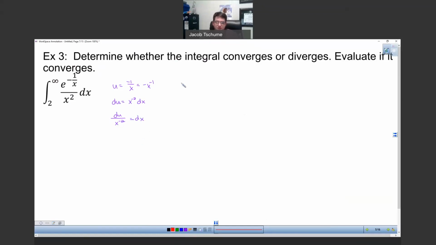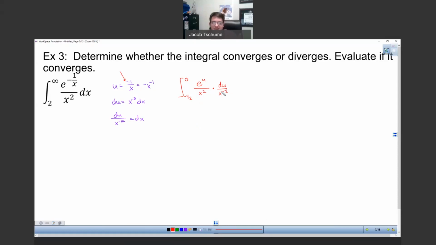Once again, I'm going to change my parameters here by plugging my 2 and my infinity into my u function. So negative 1 over 2 is negative 1/2, and negative 1 over infinity would be 0. This becomes e to the u over x squared times my dx term, which is du over x to the negative 2nd.